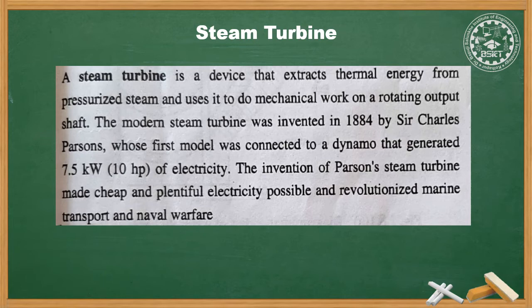The modern steam turbine was invented in 1884 by Sir Charles Parsons, whose first model was connected to a dynamo that generated 7.5 kilowatt, that is 10 horsepower of electricity. The invention of Parsons steam turbine made cheap and plentiful electricity possible and revolutionized the machinery, marine transport and naval warfare.